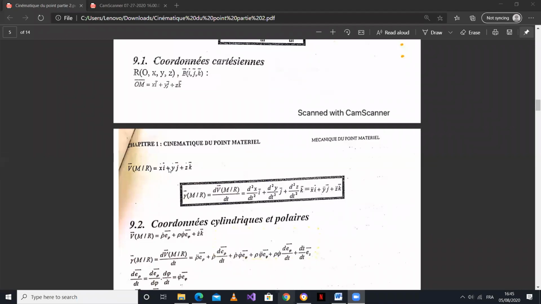So it's going to be x double dot i, y double dot j, z double dot k. And that's it. Then you found the acceleration in the Cartesian plane. Very plain, very basic, very boring. We advance. This has x double dot i, plus y double dot j, plus z double dot k.